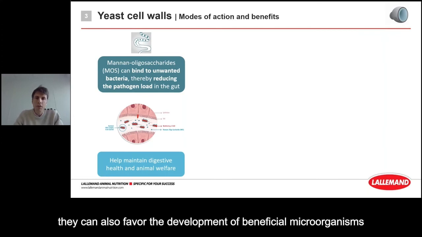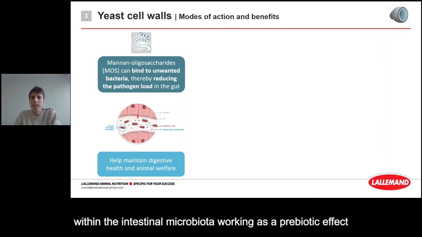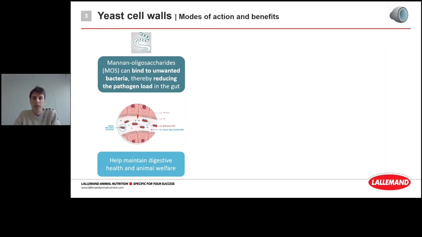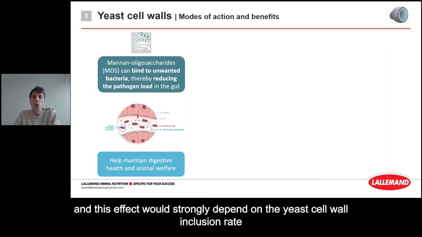They can also favor the development of beneficial microorganisms within the intestinal microbiota, working as a prebiotic effect. And this effect would strongly depend on the yeast cell wall inclusion rate.